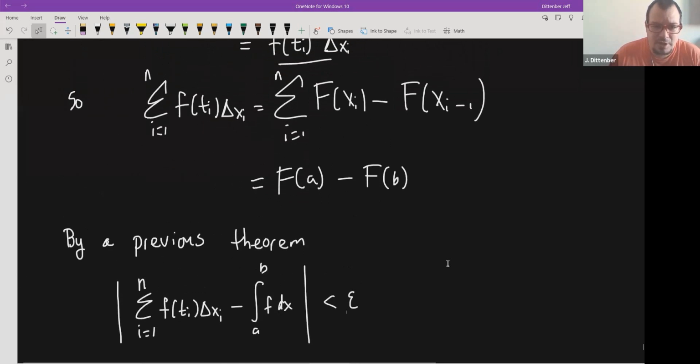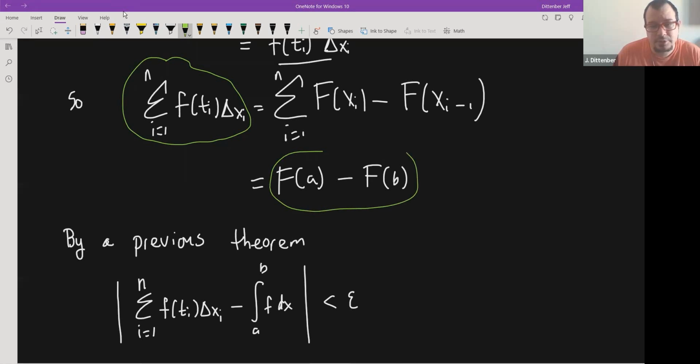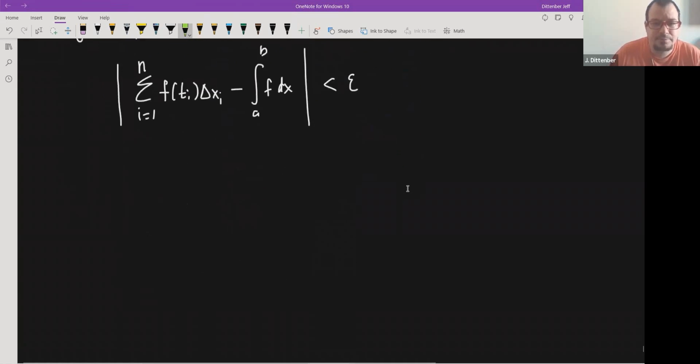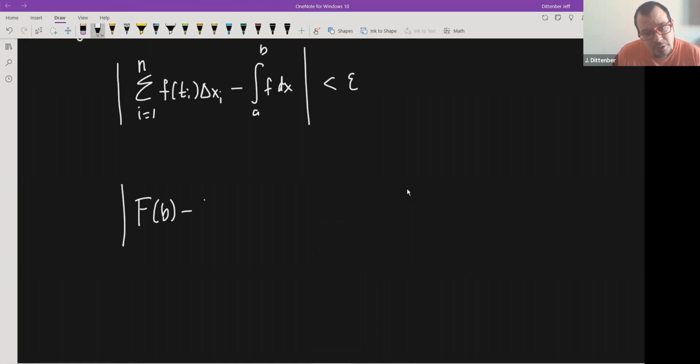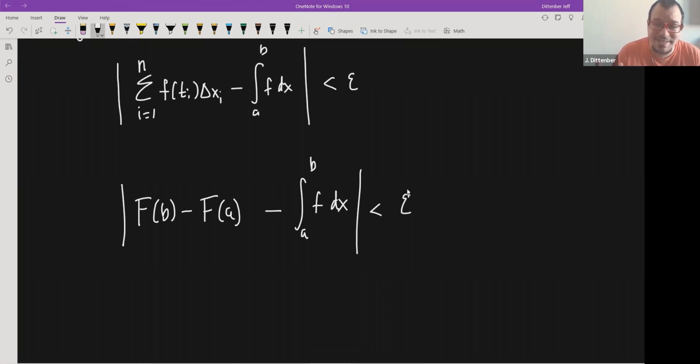Okay, and we just established that this is actually this, right? So I can just replace it. And remember, epsilon is some arbitrary number. So I can say that f of b minus f of a minus the Riemann integral from a to b of f dx is less than epsilon also, because they're the same.